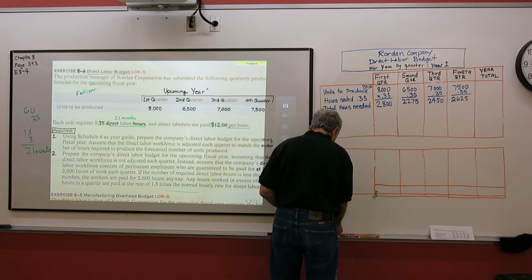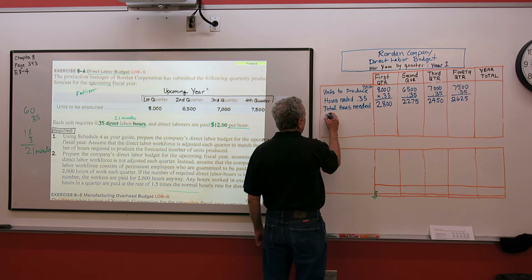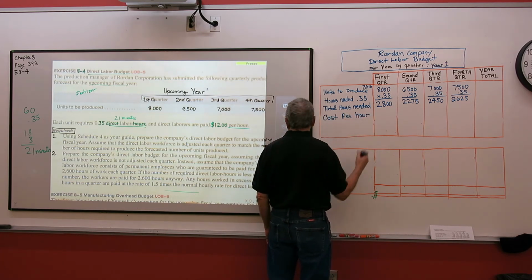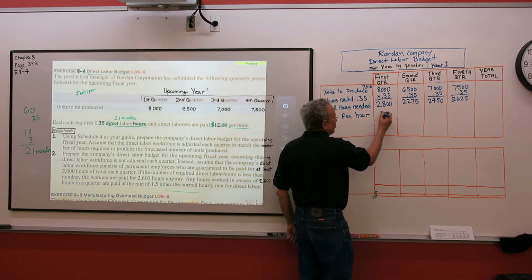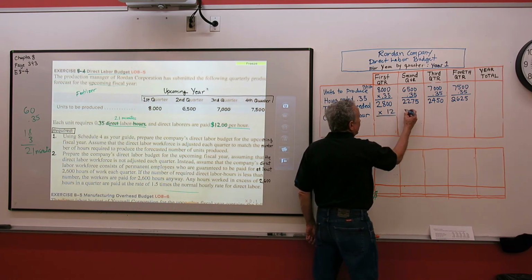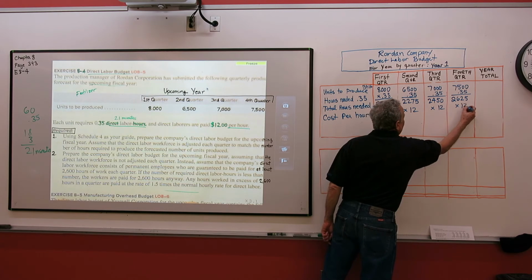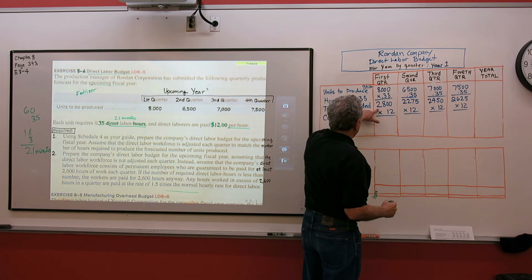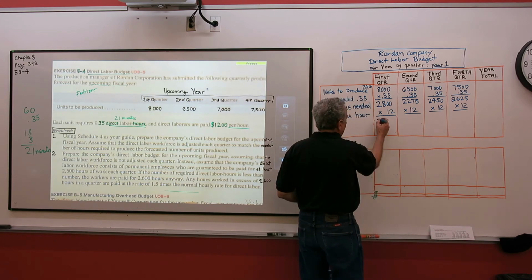Now all we have to do is multiply those times the cost per hour. So this should be easier. And the cost per hour is $12 per hour. So take this times 12, this times 12, times 12, times 12. And let's see, 2,800 times 12 should be $33,600.